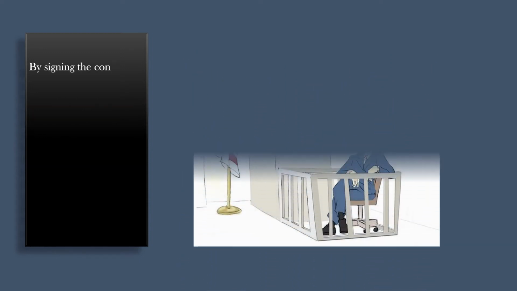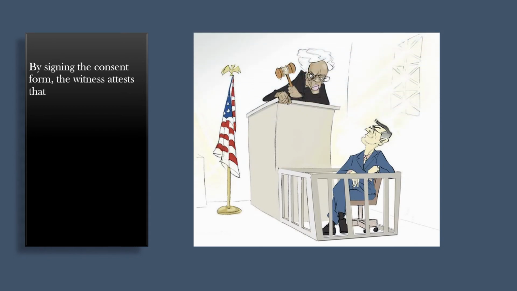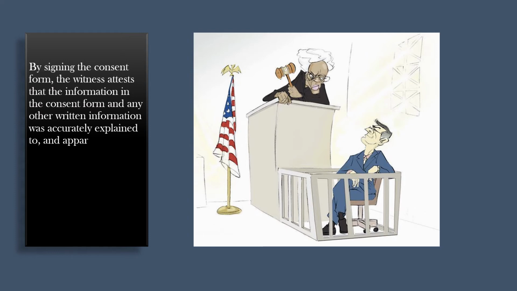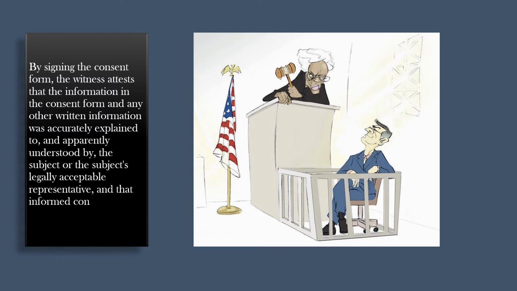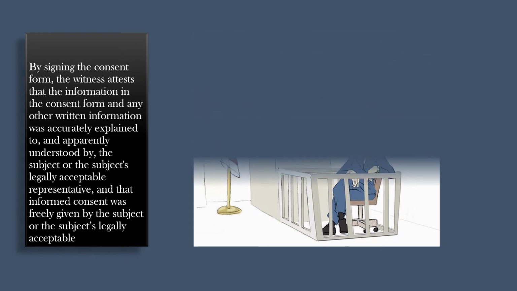By signing the consent form, the witness attests that the information in the consent form, and any other written information, was accurately explained to, and apparently understood by, the subject or the subject's legally acceptable representative, and that informed consent was freely given by the subject or the subject's legally acceptable representative.